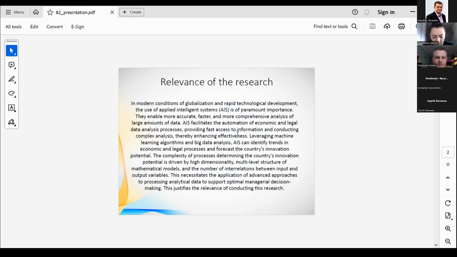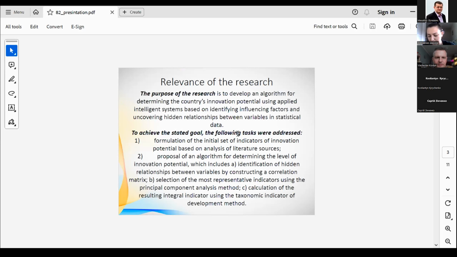It presents an algorithm for measuring the country's innovation potential, which is based on basic methods applied for the analysis, distribution, and classification of the input data space.